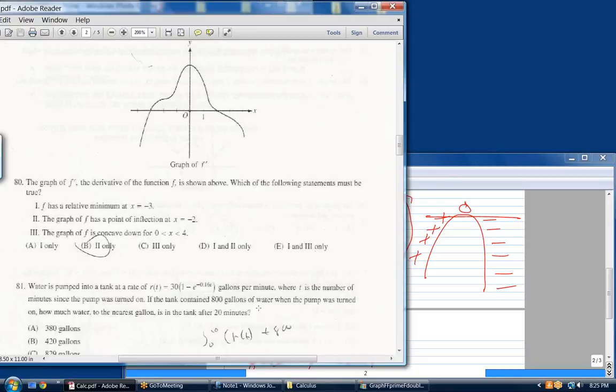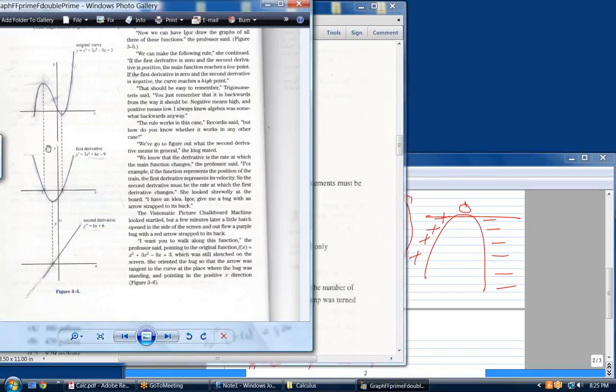It's possible that 2, let me just notice on this original function, the point of inflection right there, if you can see my hand, corresponds with where the second derivative is 0. And there's only one point. And the second derivative has to be 0 for the original function to have an inflection point.